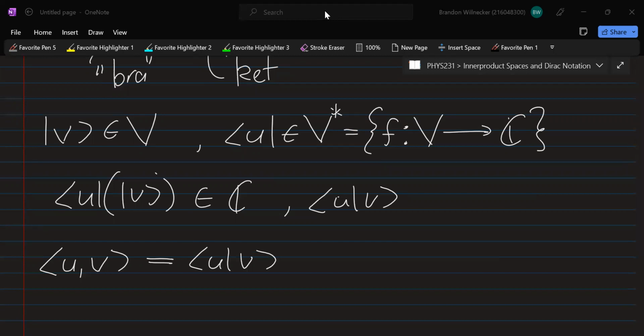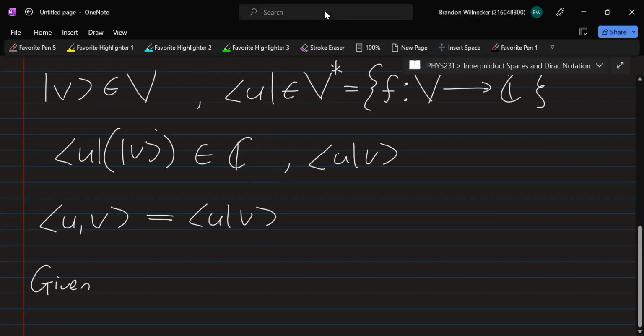One more thing on this one-to-one correspondence between the vectors and the dual vectors. Since there is a one-to-one correspondence, there should be a way of getting from the vector space V to the dual vector space V star. And the way that we do that is with the dagger operation.